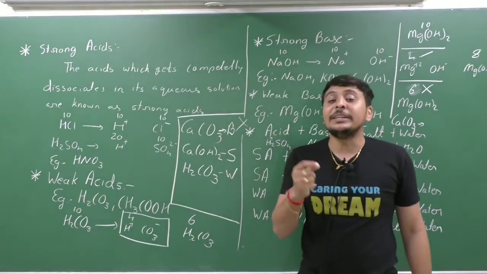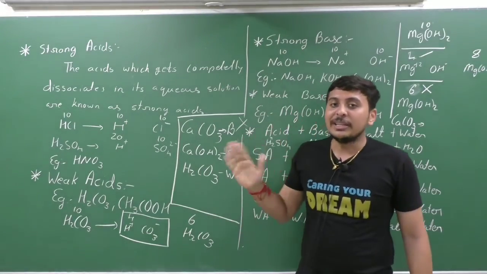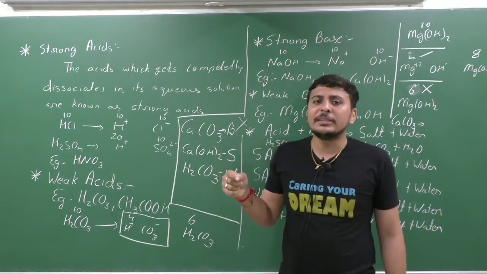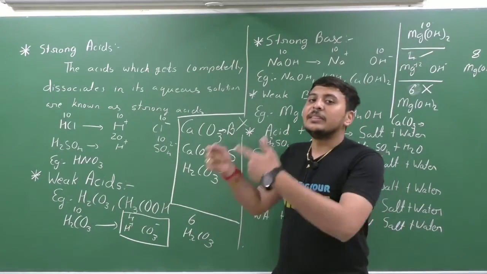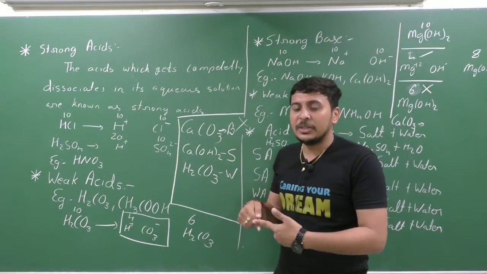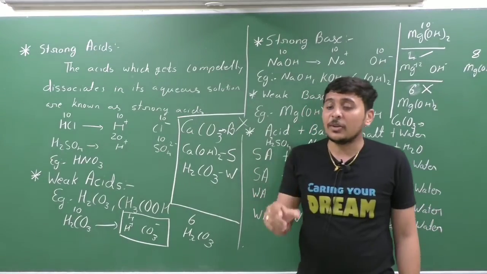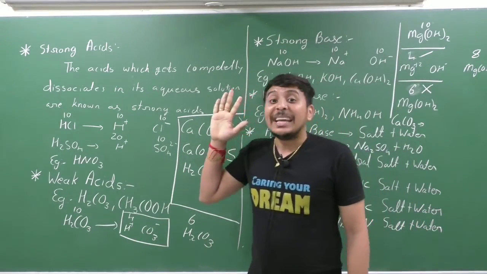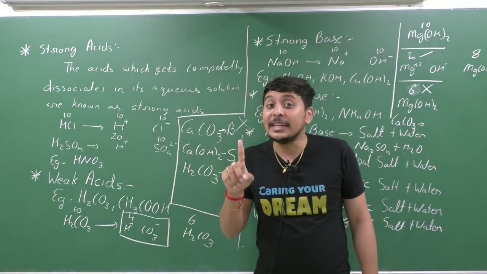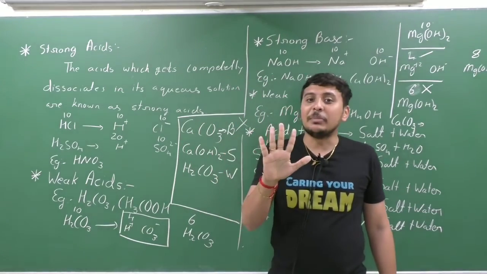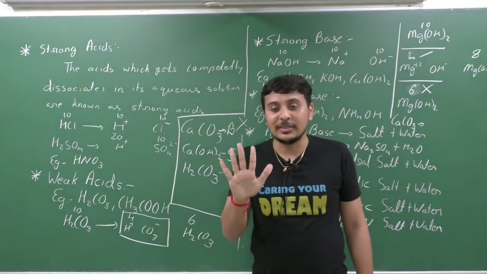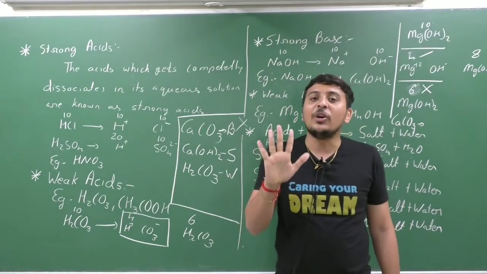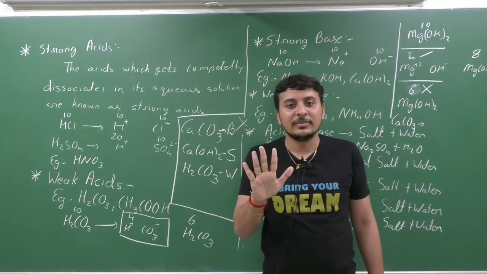So you have to write 5 examples. If you have clearly understood the concept, fine; if you have not, just revise this video again and again. Then after understanding the concept, write 5 examples of acidic salts, 5 examples of basic salts, 5 examples of neutral salts.